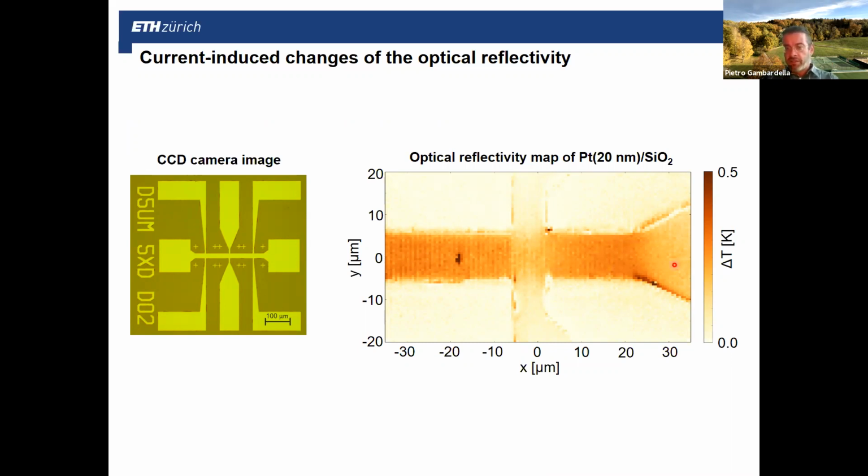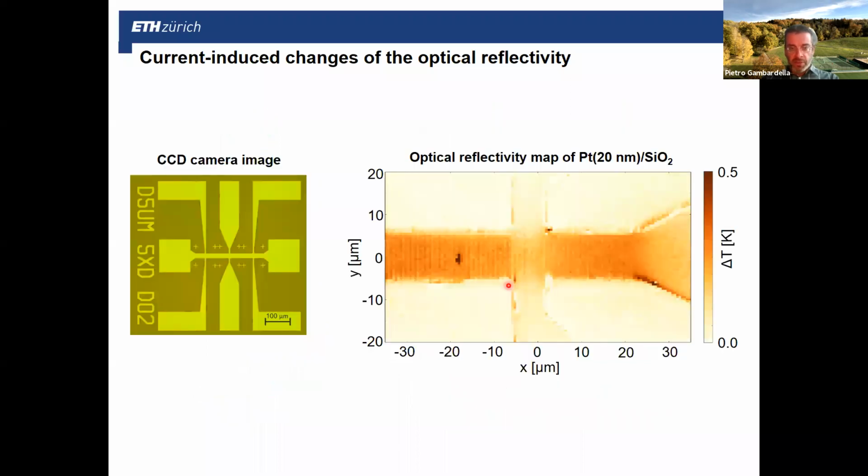This is Joule heating produced by the current, and you can see that it's stronger in the narrow section of the conductor and weaker where you have a broader section. And this can induce spurious effects even in a lock-in detection mode.